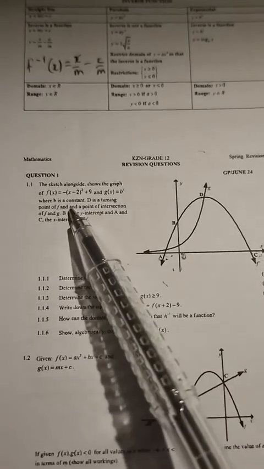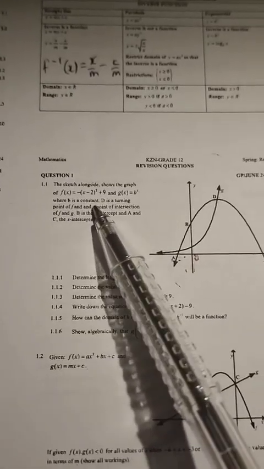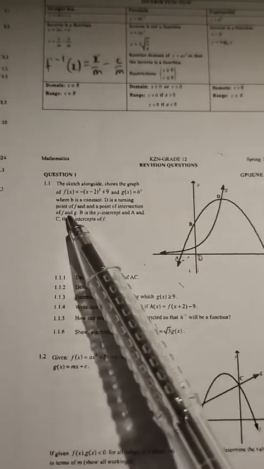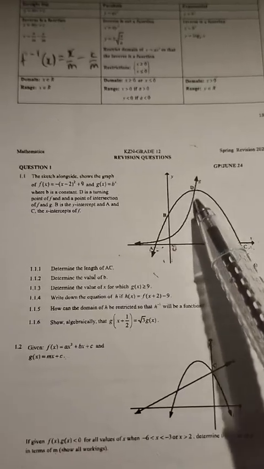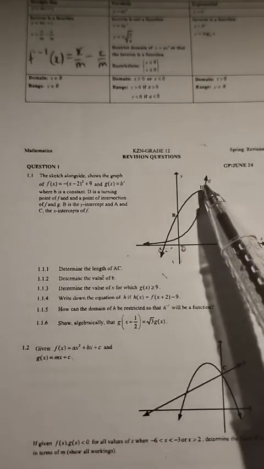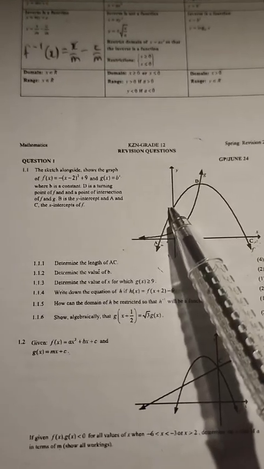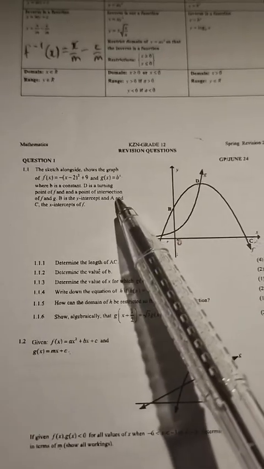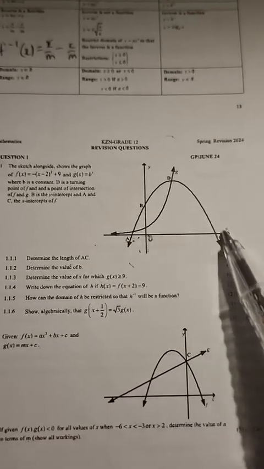D is a turning point of f. There is D. It's the turning point, we are told. And a point of intersection of f and g. Here, that's where this function and this function intersect. B is the y-intercept there. And A and C are the x-intercepts of f.